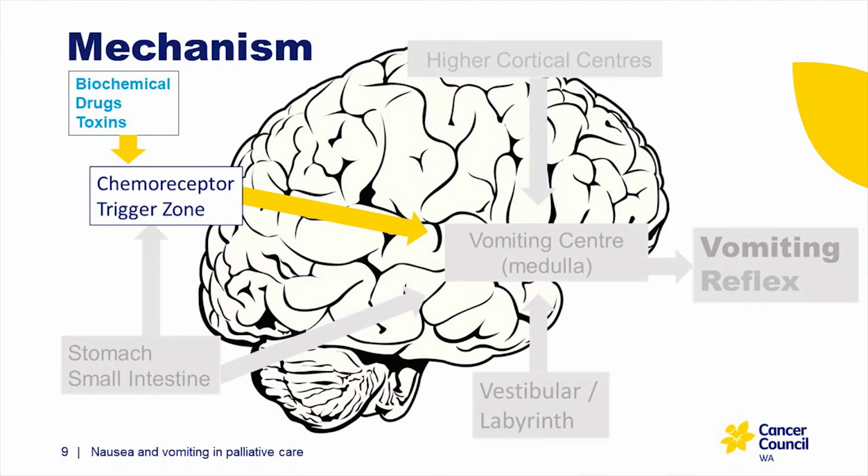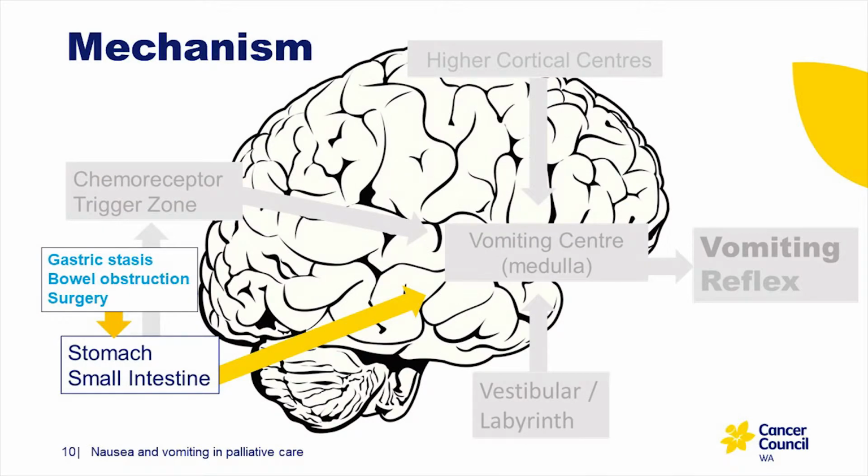If we're looking at the chemoreceptor trigger zone, it's normally toxins that are affecting that, and so drugs are generally considered by your body to be a toxin, as is when your body becomes out of balance and your general biochemical balance is affected in some way, and that will then influence through your chemoreceptor trigger zone to make you feel nauseated or to vomit.